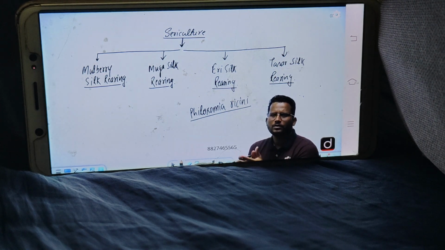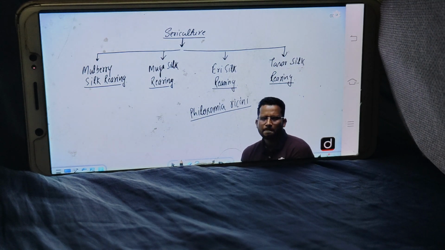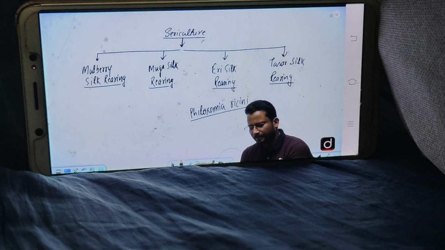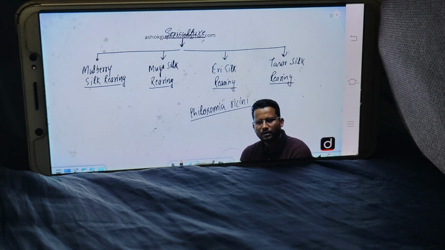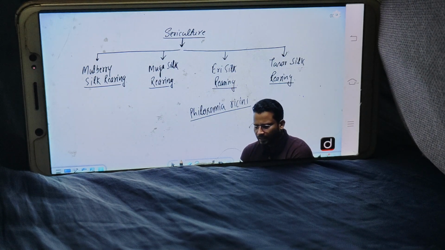So obviously we are talking about an indoor system, where you need to maintain a temperature of around 27 degrees centigrade and a relative humidity of around 70%, with adequate ventilation and lighting, and of course you need to protect it from insects, pests, etc. So these are the conditions it requires, but it is relatively easier to rear in comparison to mulberry and Muga silk rearing.